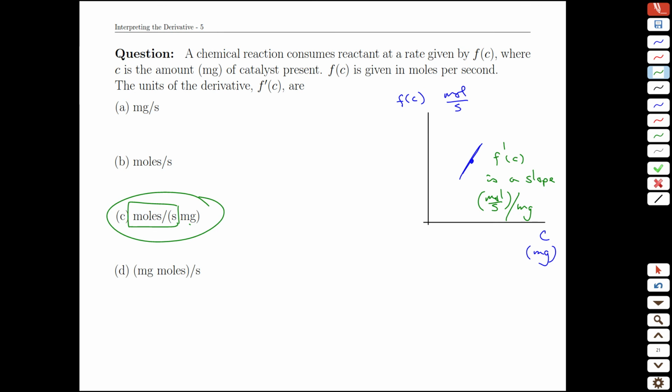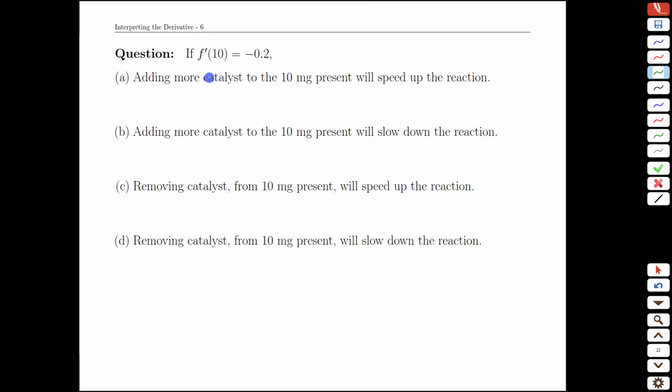Let's get more specific and look at a statement like this. If we have F prime of 10 is equal to negative 0.2, which of these statements captures that mathematical expression most closely? Let's take a look. The easy part is recognizing that the input here is C, so we're talking about 10 milligrams of catalyst.